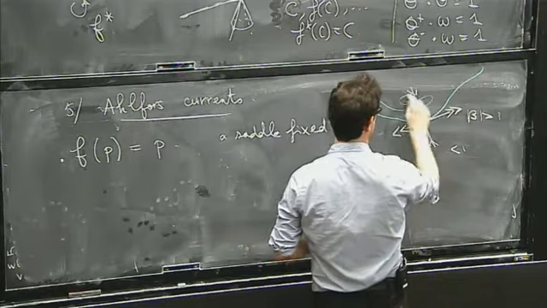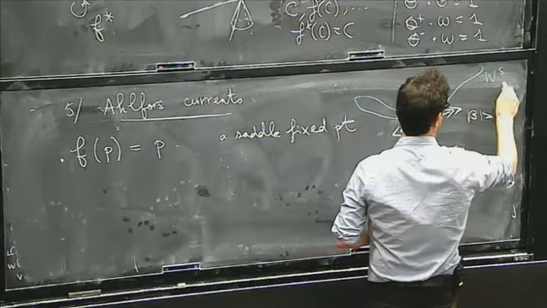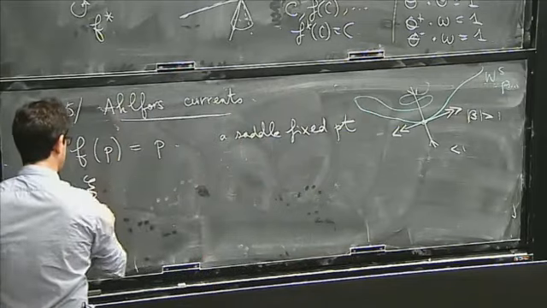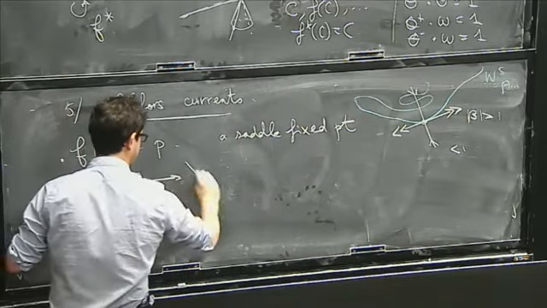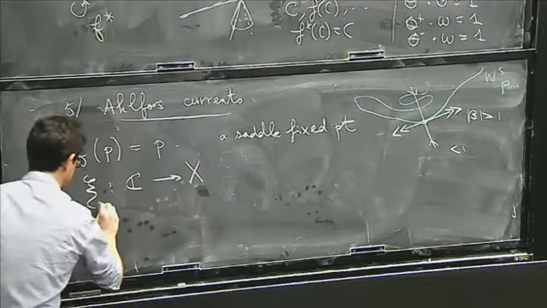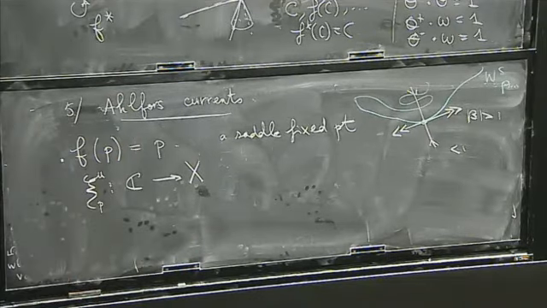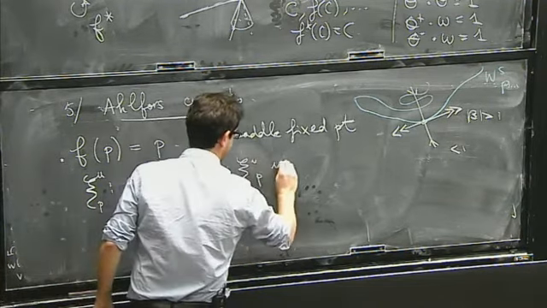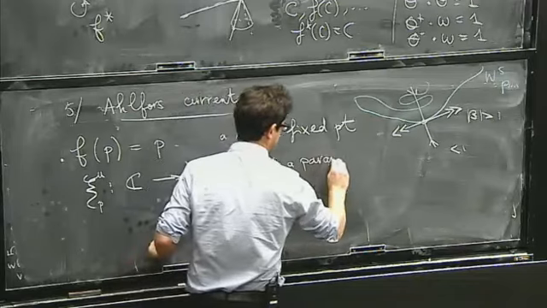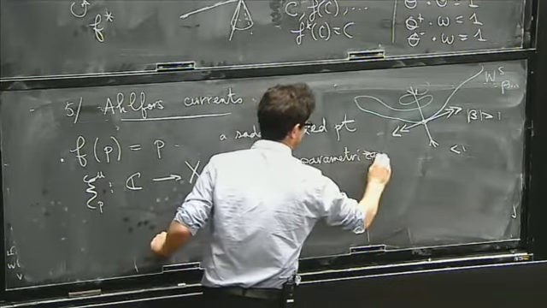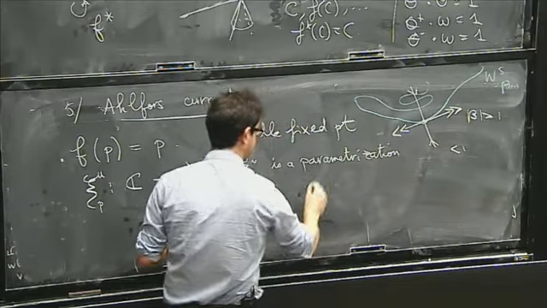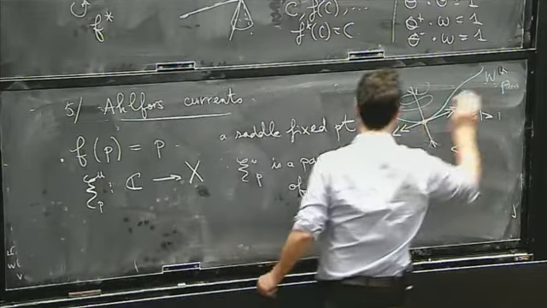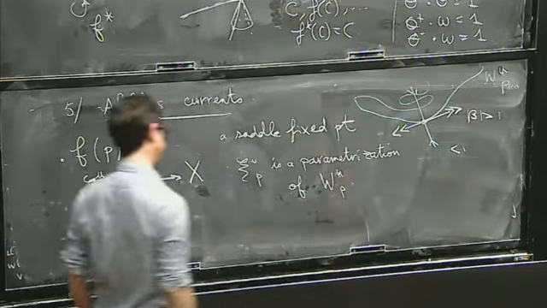So in fact, it comes back here. So as Eric explained, there exists an entire curve from C into X, a parametrization of the unstable manifold. So it's a one-to-one map onto the unstable manifold.